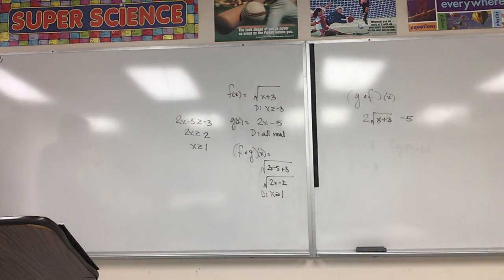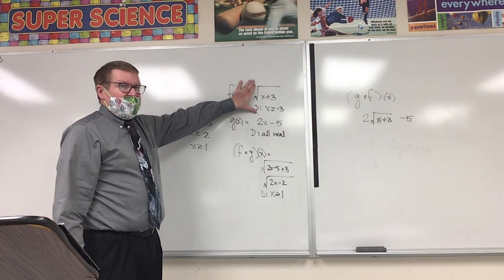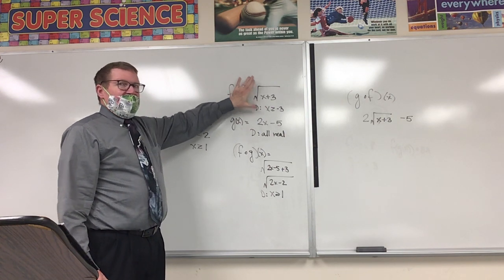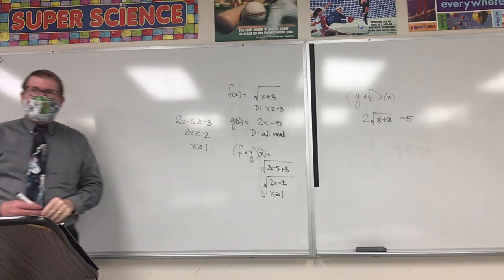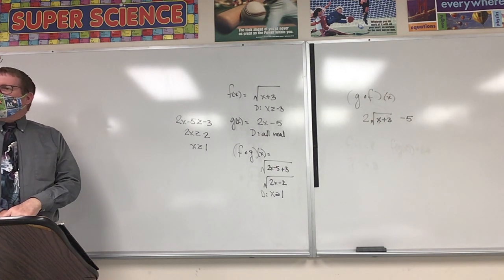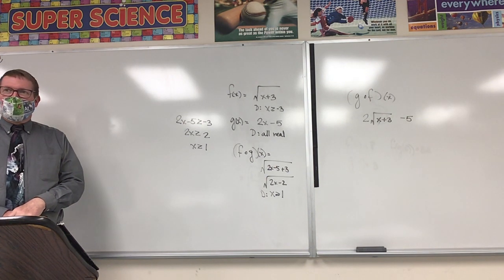So there's what it looks like. Alright, we can do that. But my domain is the next question. What is my domain here? X is greater than or equal to -3. What kind of numbers do I get? Whole numbers, real numbers, rational.